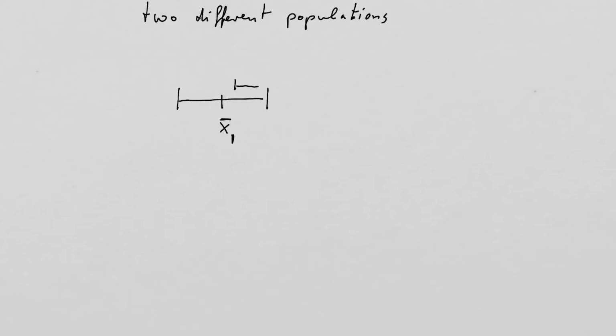So what this tells us is that we have two samples, and we predict that the population for sample 1 is located in this range here, and the second population is located in this range here.